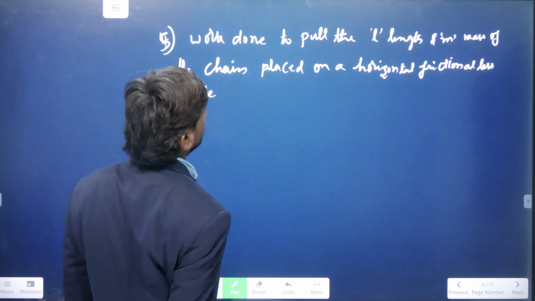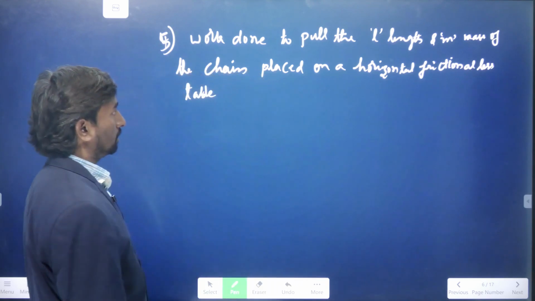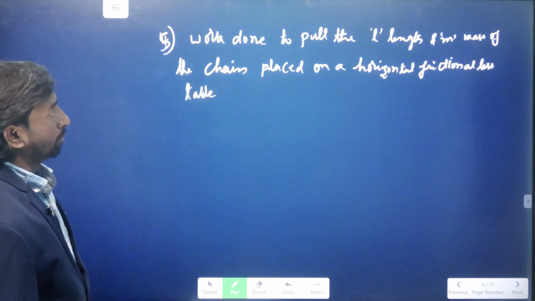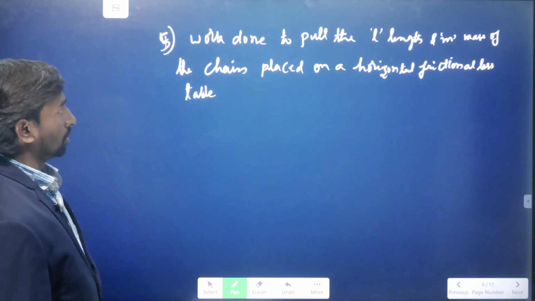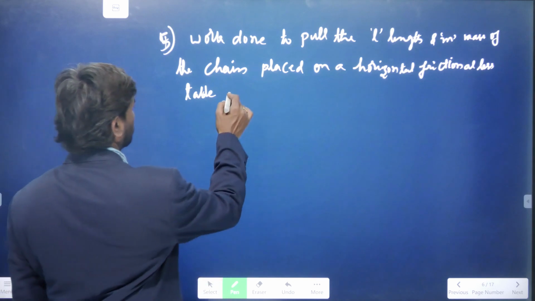Work done to pull the L length of the mass, L length and mass of the chain placed on a horizontal frictionless table. Okay, so work done.